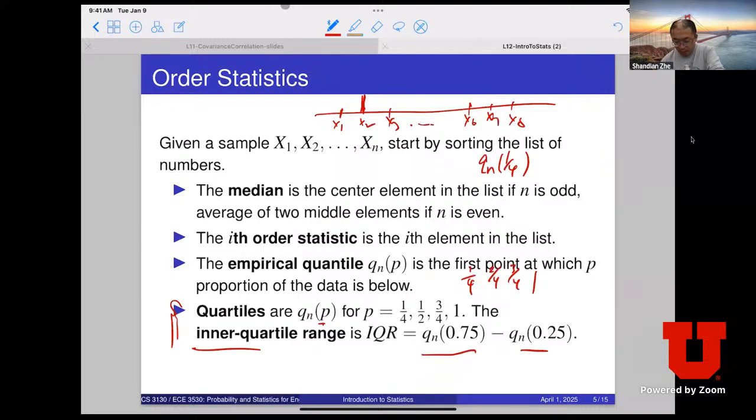And we know that the quartile at 3/4 is X6. Why should X6 be the 3/4 quartile? How many data points are below X6?